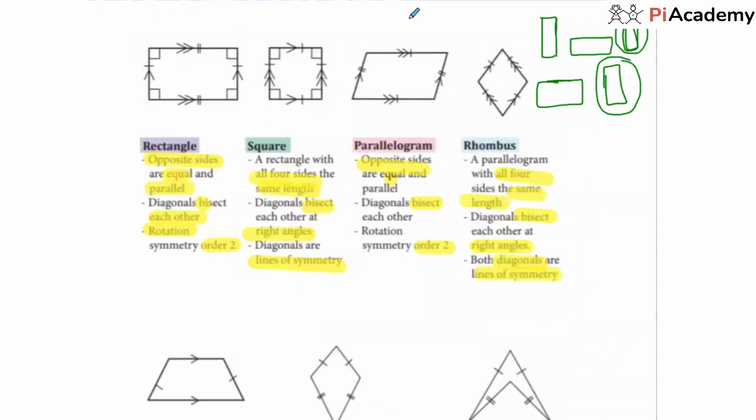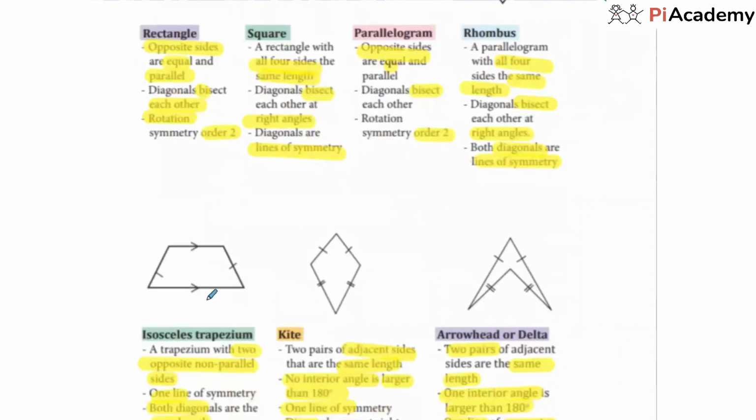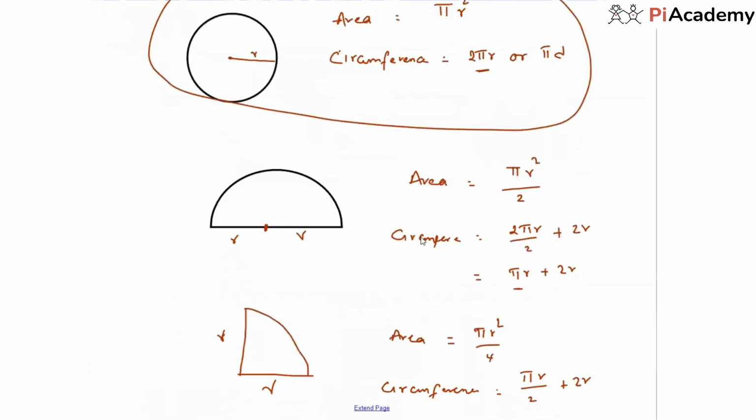Also study the properties of each of these quadrilaterals. For example, we did rhombus. We should understand that diagonals bisect each other. If you don't understand this property, you will not be able to do that question.